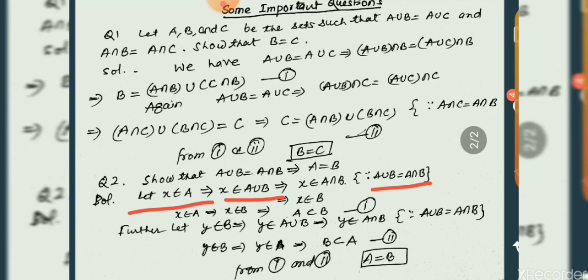Now this implies X belongs to B. Why so?